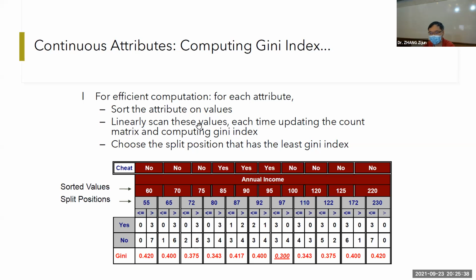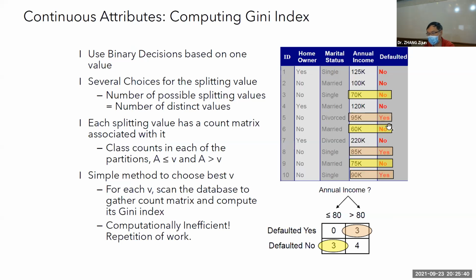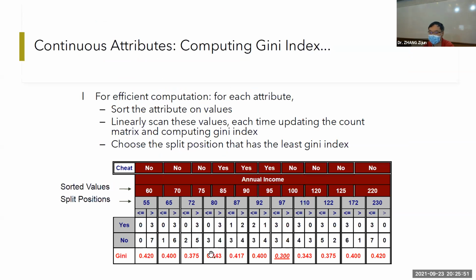First, we sort the attribute values. Here you can see the values: 125, 170, 120, 95, 60, 220, 85, 75, and 90. We can count 1, 2, 3, 4, 5, 6, 7, 8, 9, 10, so 10 records.